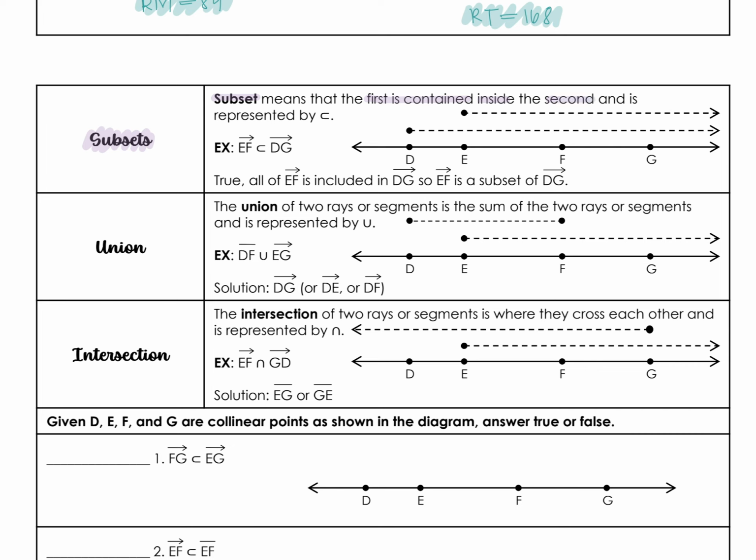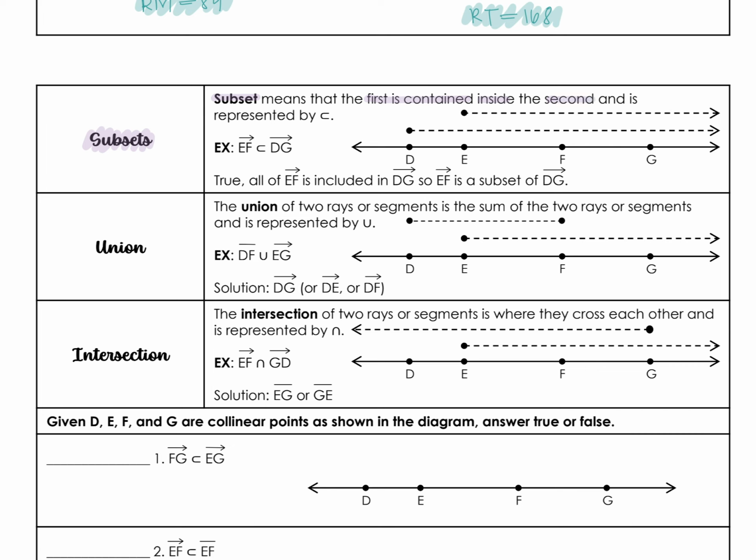And that just keeps going in that same direction. There's a lot of different ways, and I've listed all three of them: ray DG, you could say ray DE, or you can even say ray DF. All of those ways of naming it say that you're starting at D and you keep going all the way past G.